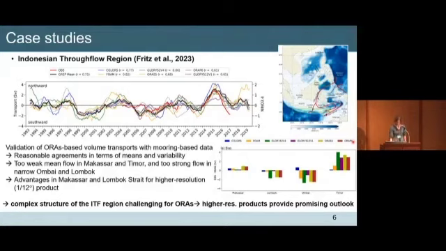And then looking at the purple bars in the middle of the bar plots, this is GLORYS-12, and we see that at least at Makassar, Lombok, and Ombai passages, GLORYS-12 actually shows an improvement over the quarter-degree reanalysis. So summing up this study, we see that the complex structure of the ITF region is still challenging for the reanalysis, but we see that the high resolution products especially show a little bit of a more promising outlook.